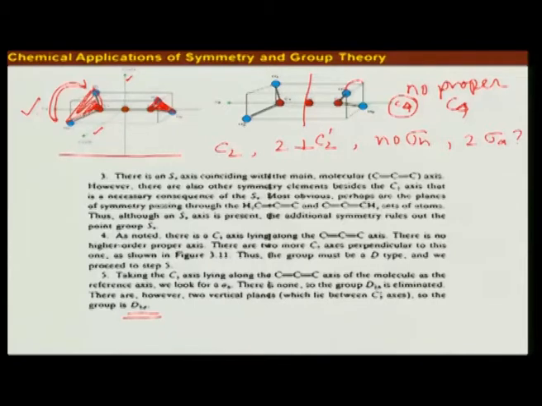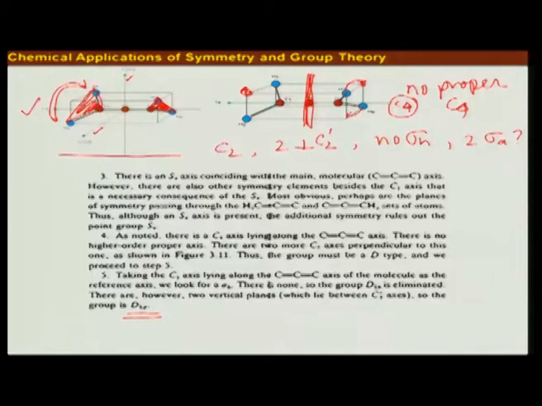This will go here and this will come here, and then when you reflect this on this plane which is perpendicular to this C4, this will appear here. I am sorry, this is not there. So now my new structure is here, right?